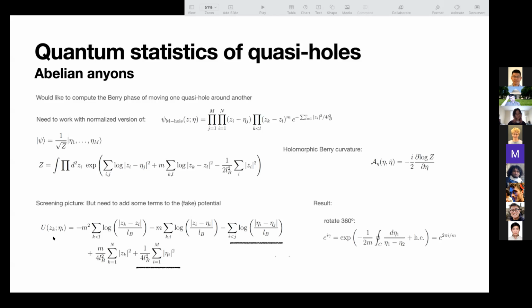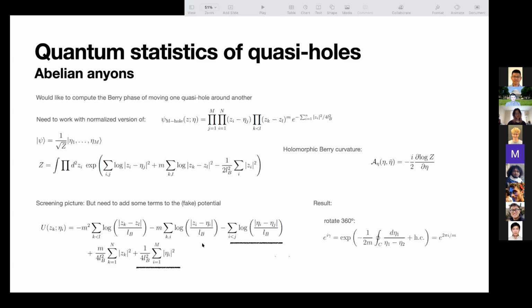So if we add those two terms, this corrected potential actually describes the whole Coulomb interaction energy containing these defects. As I said before, the whole purpose of the plasma is that it wants to be neutral.